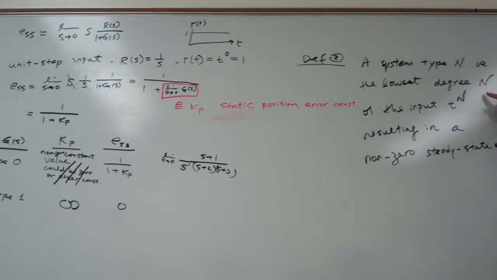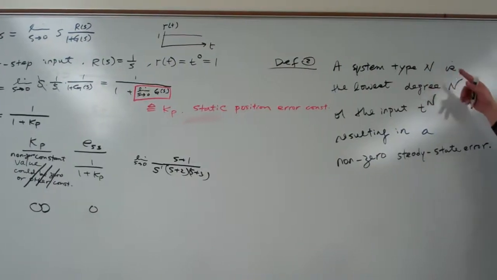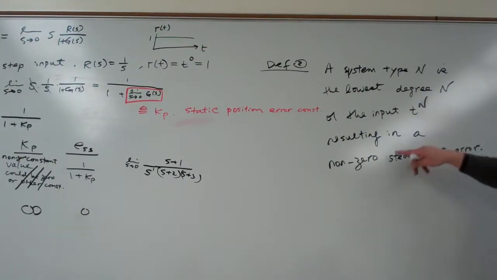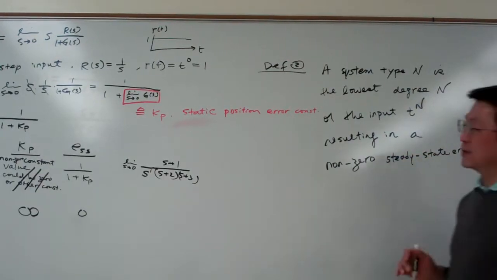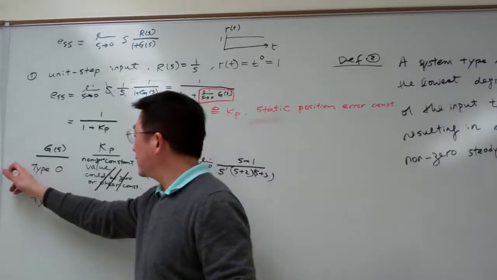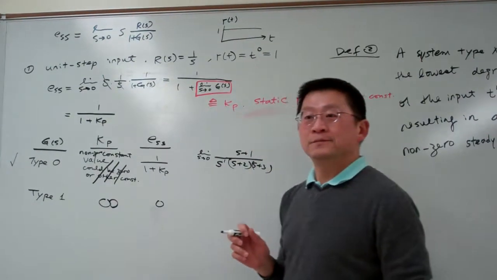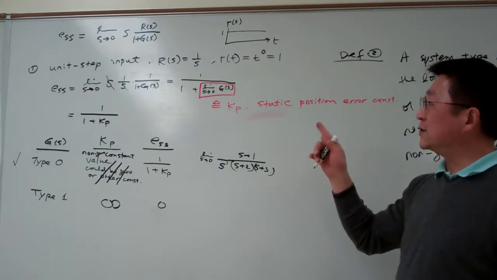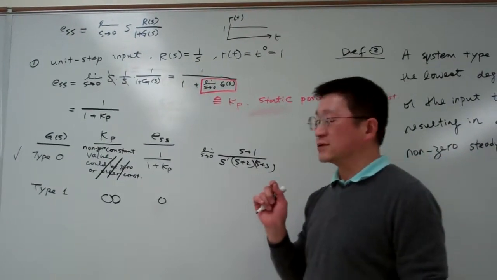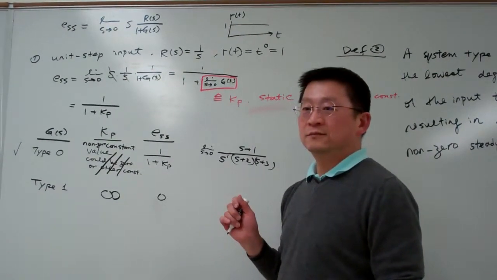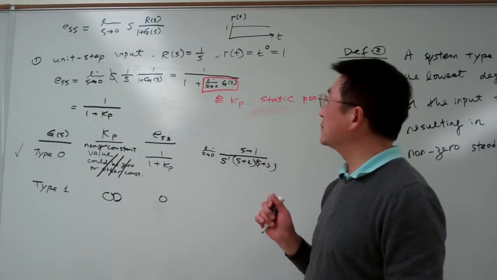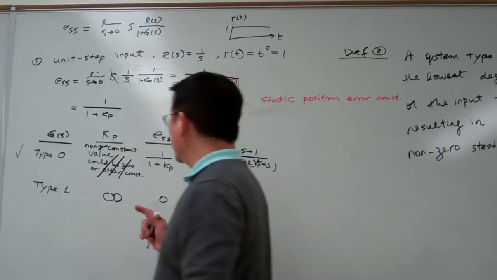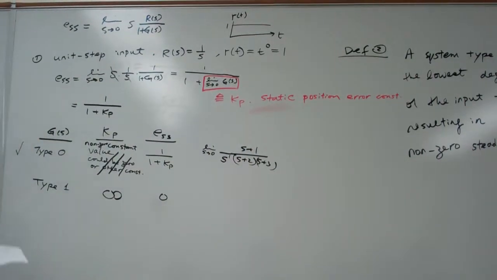So we put into this definition: the system type n is the lowest degree of the t^n such that it results in a non-zero steady state. So basically that definition fits into this case, right? Therefore, for this case, G(s) is a type 0 system. Okay?